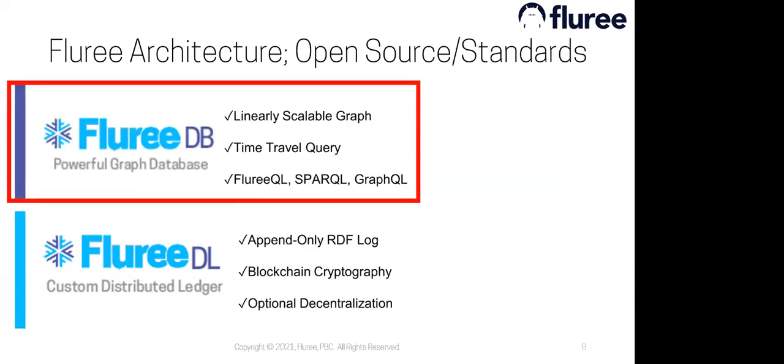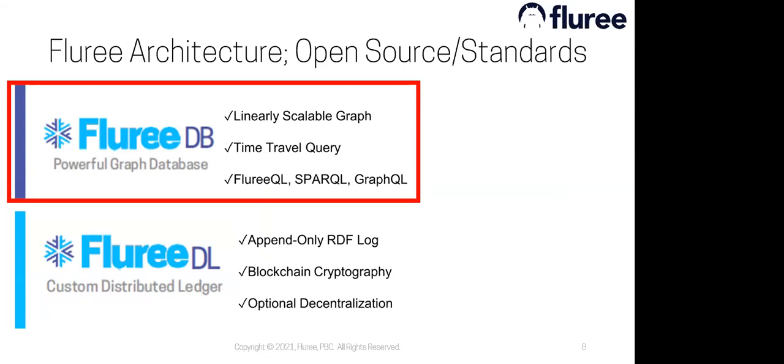Fluree DB is the semantic graph database that's optimized to make the best use of the Fluree ledger's RDF output of flakes. We all know graph databases allow developers to write sophisticated queries that can traverse the relationships, and because every update is immutably recorded, we can query against any historical point in time and retrieve that instantaneous response.